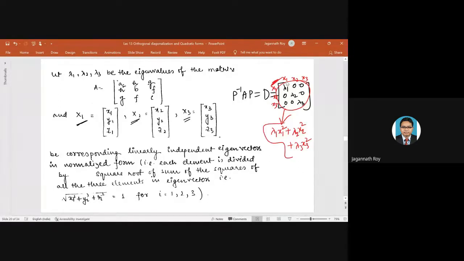So only the square terms will be there. All other terms will be removed. This is how we relate a matrix of a quadratic form, and we try to find the canonical form.